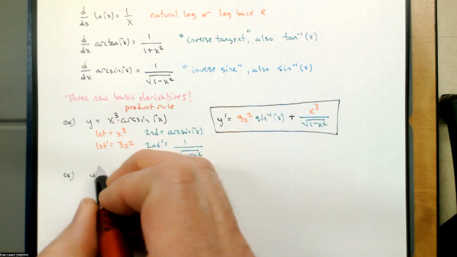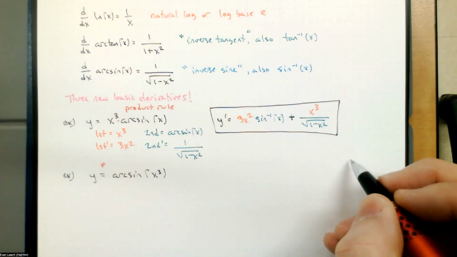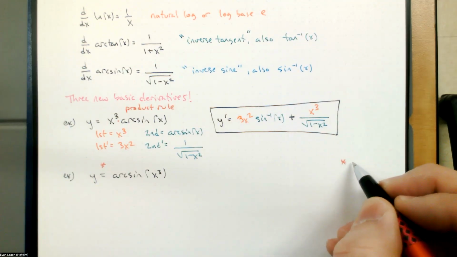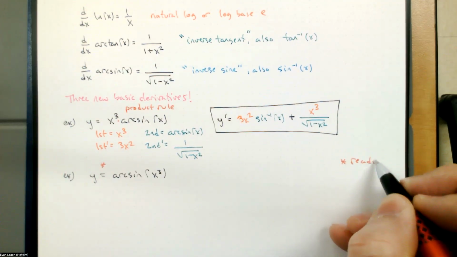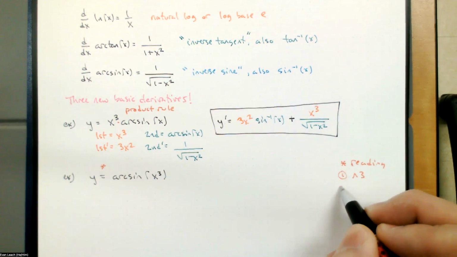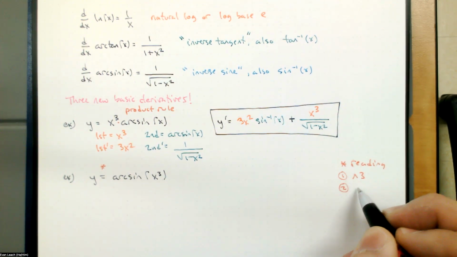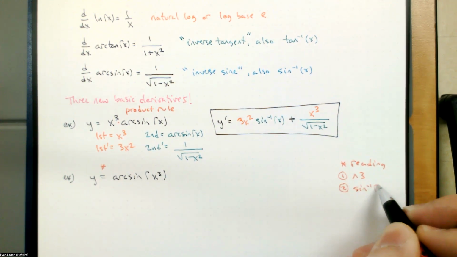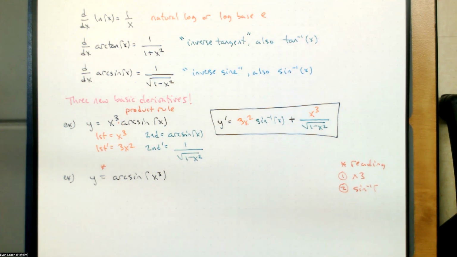So our read on this one, I don't do this all the time: the first thing that happens to the x is x gets raised to the third power. And then the second thing that happens to the x is that we do an arc sine. That tells us that the inside function is the x cubed and the outside function is the sine inverse, or the inverse sine.